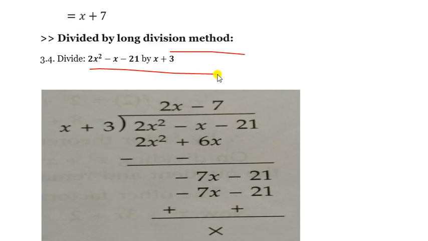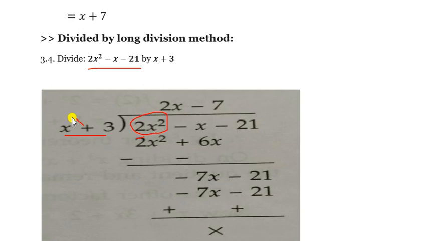So now the long division method. Let's see. This one we have to divide by x plus 3 by the long division method. That means in general you have to divide this term 2x square minus x minus 21 by x plus 3. So if we divide by x plus 3, remember for the long division method we always have to follow our first term, that is 2x square.